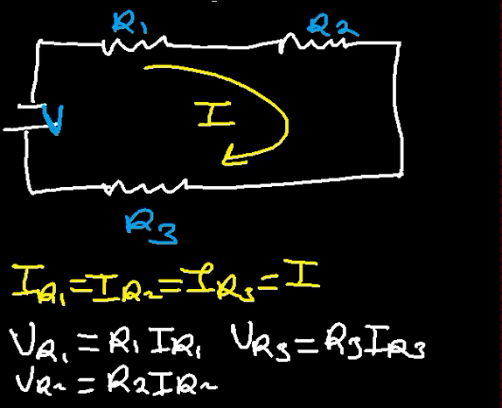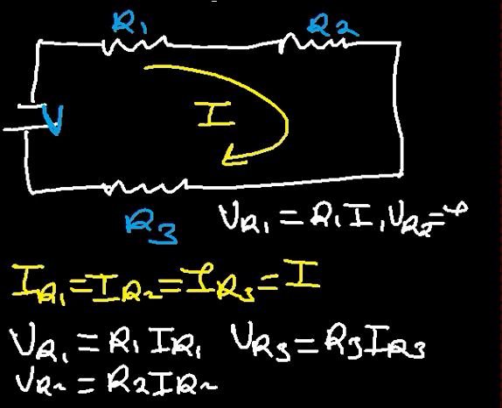So in this case, the voltage across R1 will be R1 times the current, and the voltage across R2 will be resistor 2 times the current.